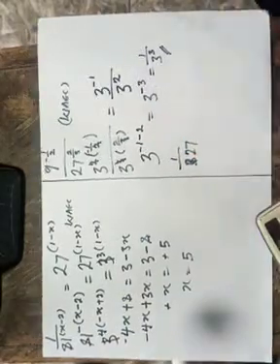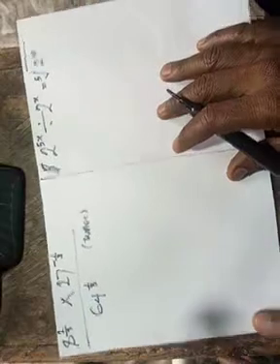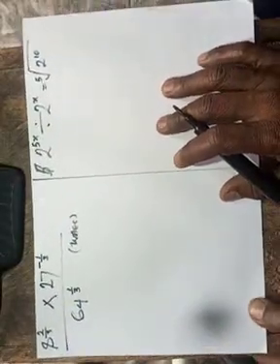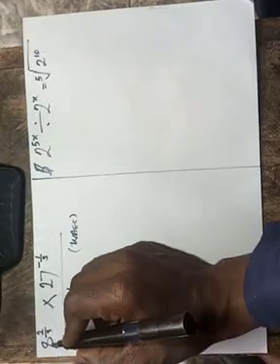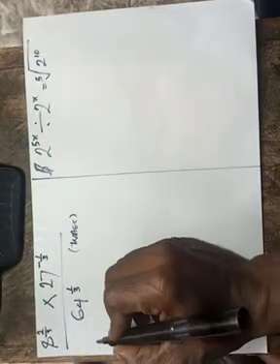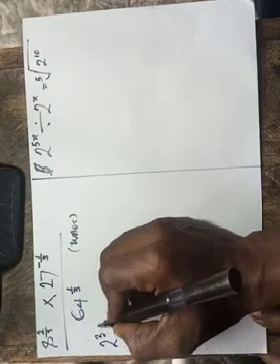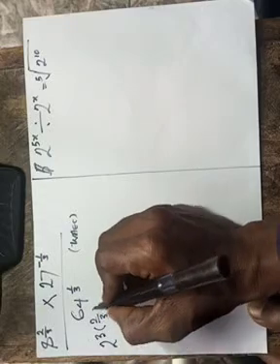So the second one, we have this one as the second question. So what do we do here? You see, they are not in the same base, all of them. So we should reduce this. This 8, we can write it as 2 raised to power 3, then the power 2 over 3.